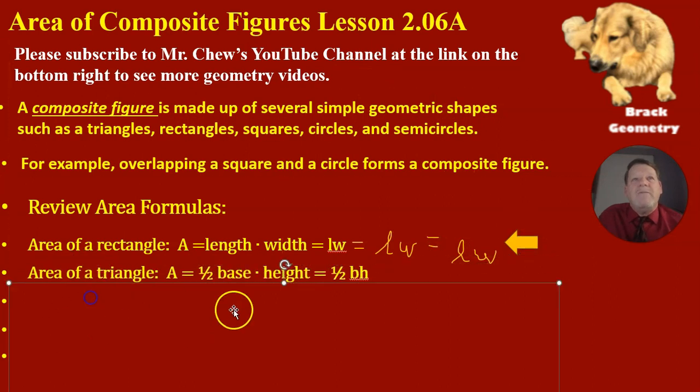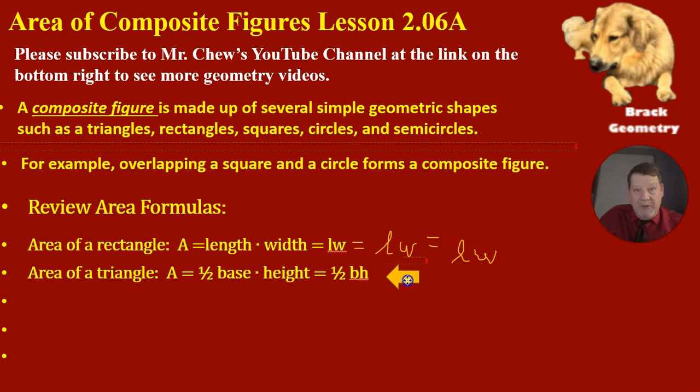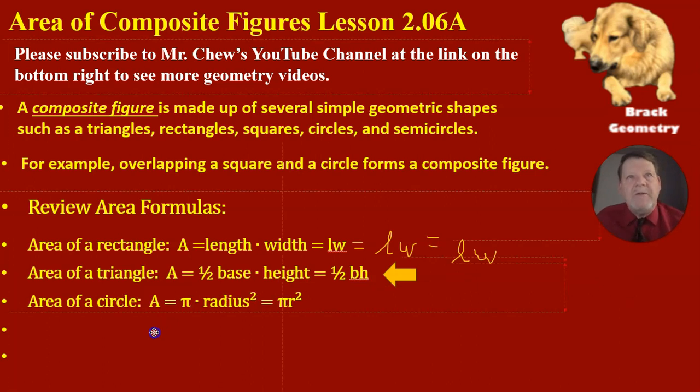Next, we have the area of a triangle. Make sure you remember we've got the 1/2, the base times the height. Remember, the base would be the bottom side usually, but it doesn't have to be the bottom. Could be the top. It has to do with the right angle, and I'll point that out when we do an example in a minute.